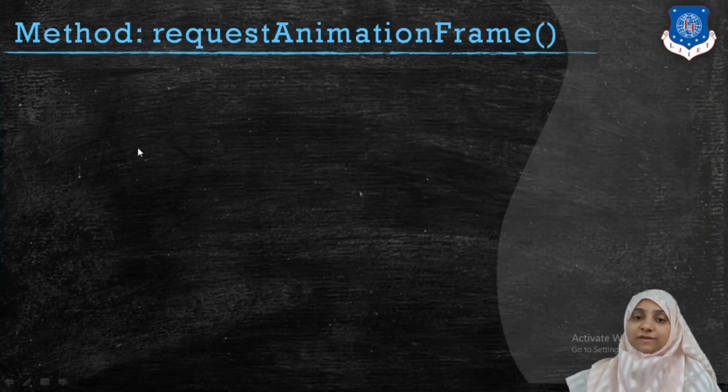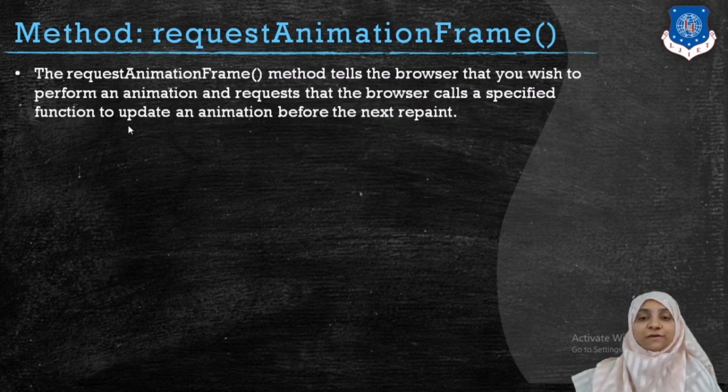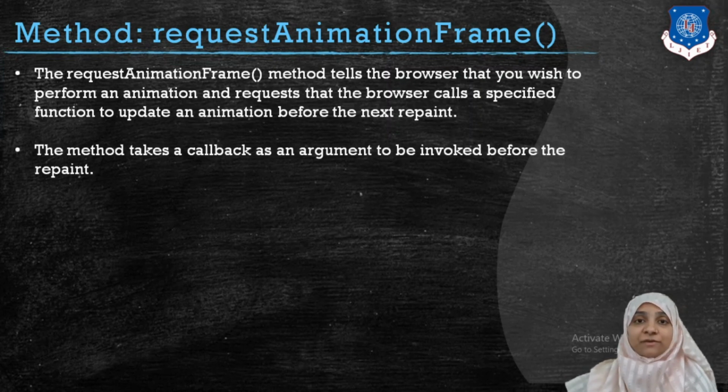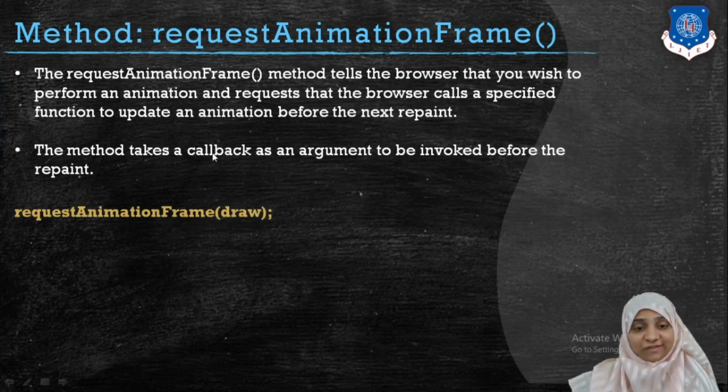Now, the two methods I will discuss: the first one is requestAnimationFrame. RequestAnimationFrame is a method which tells your browser that you wish to perform an animation and requests your browser to call a specific method. In our case, the method was the draw method, and it calls your method to update your scene.